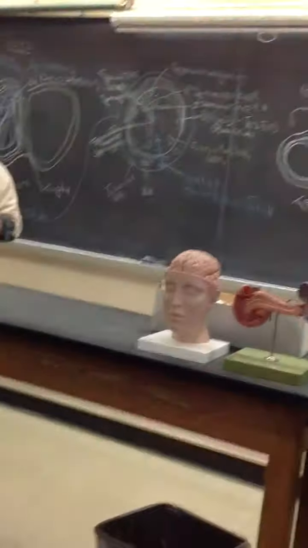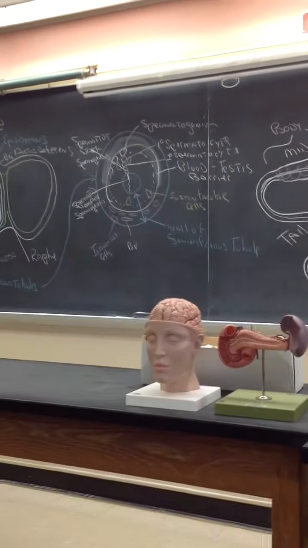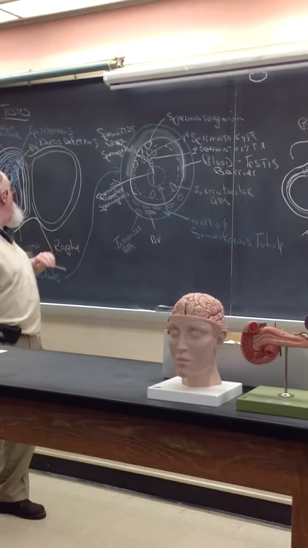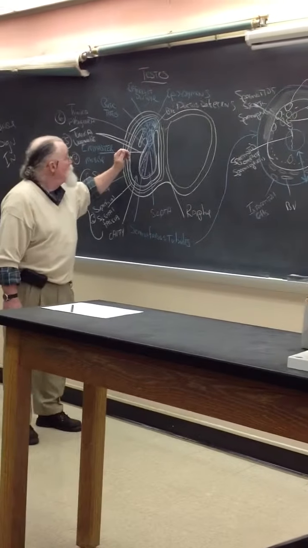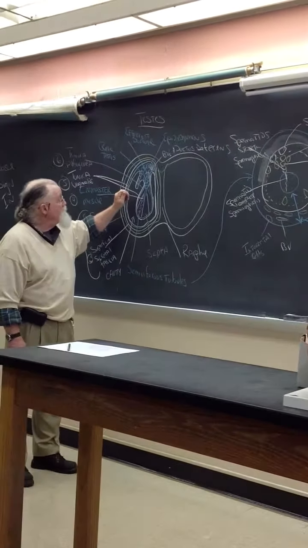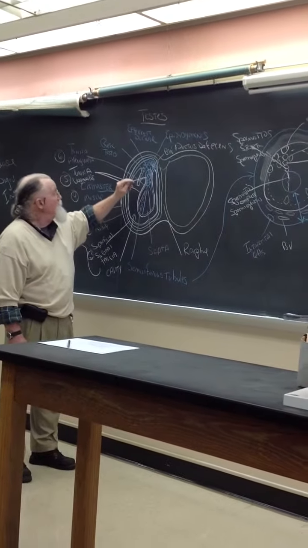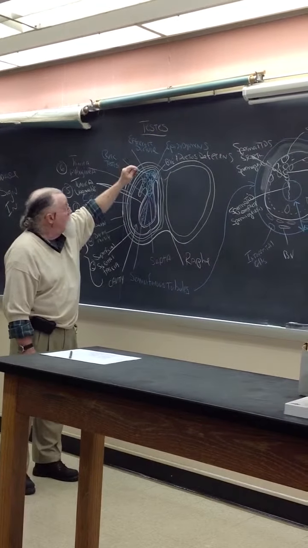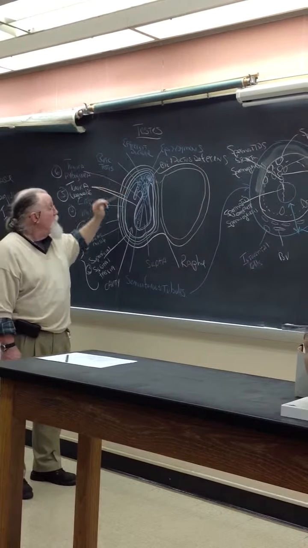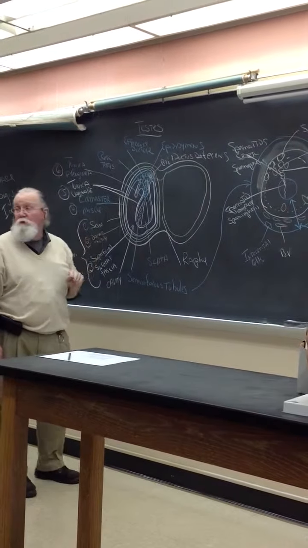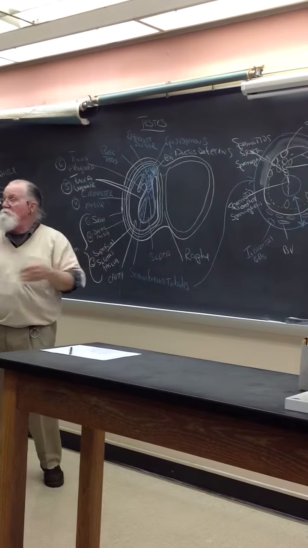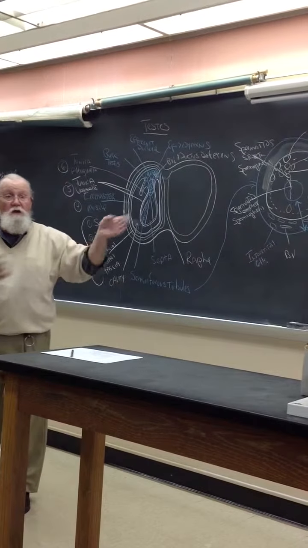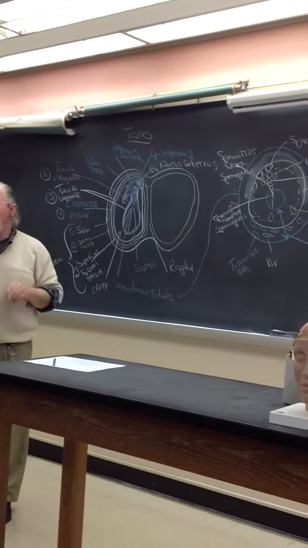In fact, to get from the seminiferous tubule to the afferent ductule to the rete testis to the efferent ductule to the epididymis requires that these tubules are lined with cilia. And the cilia move the sperm to the epididymis.